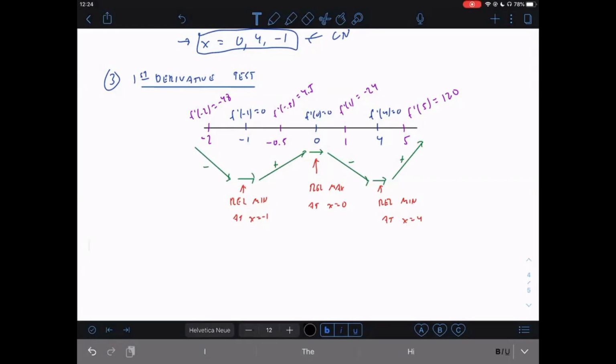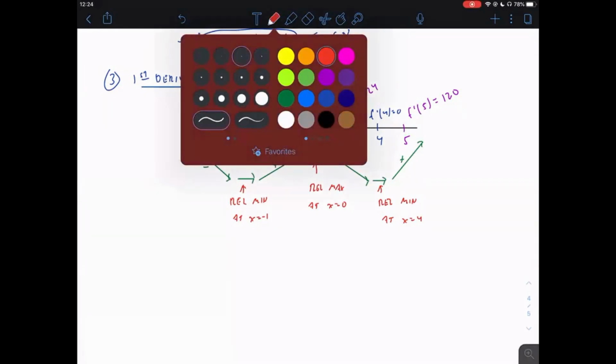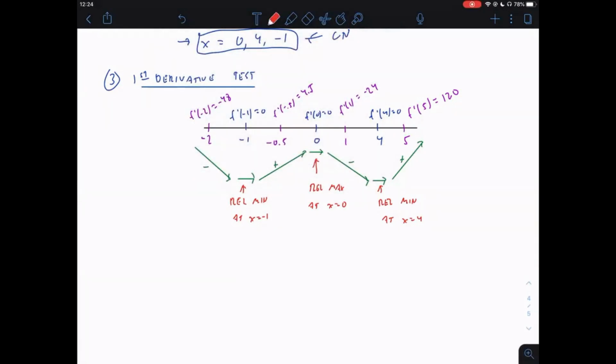So I'll just write it. So first we have our relative maximum here. Actually, I'm just going to type it out, just to make it very clear.